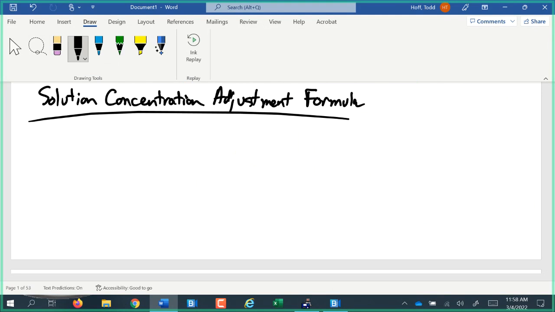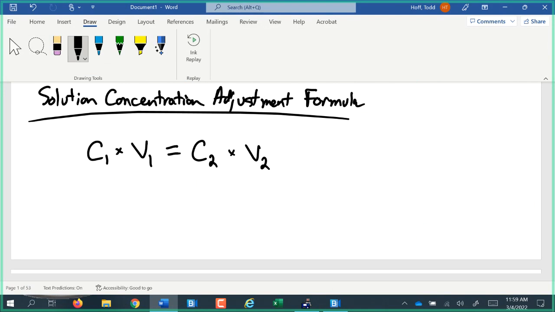And what it is saying is we have a starting concentration times a starting volume. Now, some textbooks say C1 times V1, others say V1 times C1. Same difference, you're going to get the same result. And then we're going to have a new concentration, we'll call that C2, times a new volume, we'll call that V2.